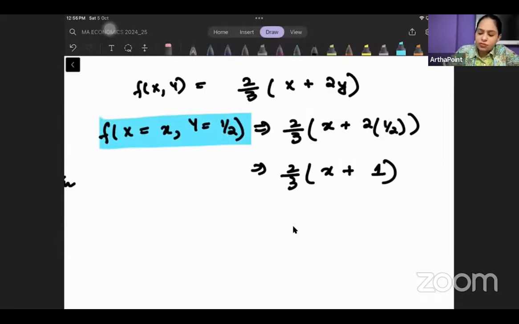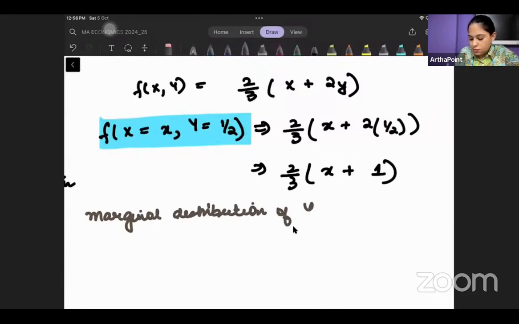Can you find marginal for me quickly? Marginal distribution of y. कैसे निकाला था हमने marginal distribution y का? To find the marginal distribution of y, you were integrating for all possible values of x, right? And here x is between 0 and 1. So if I go ahead and I find the marginal distribution of y, what will I get?